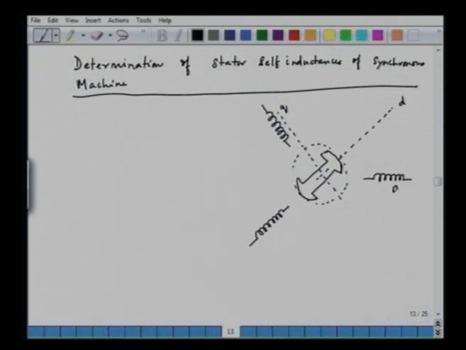And these are the various stator phases AS, BS, and CS. Now, we can assume that each phase of the stator has an effective number of turns of NS. NS is the effective number of turns of a stator phase. This also has the same number of turns NS. This also has the same number of turns NS.